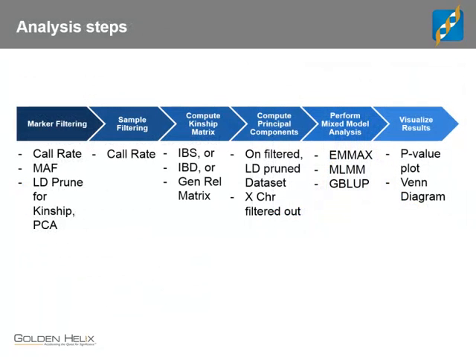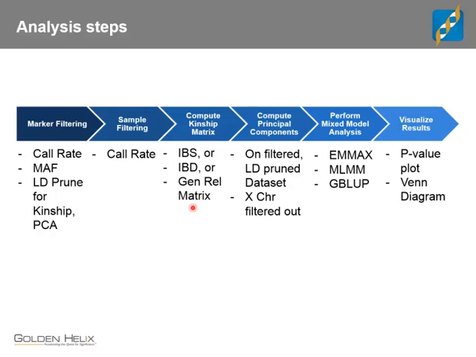To summarize the analysis steps, first you'll want to filter your markers and samples to keep only those with good call rates and minor allele frequencies. In addition, LD pruning can be used to reduce the markers used for identity by state estimation. Then the kinship matrix should be computed on the subset of markers.